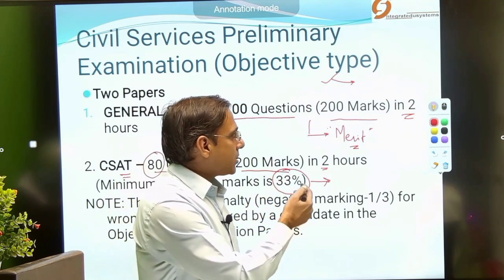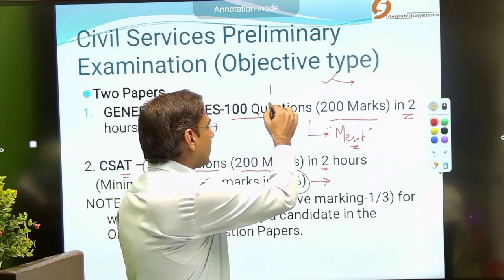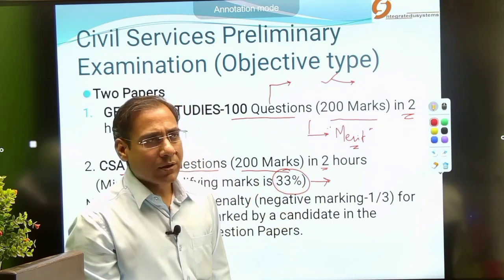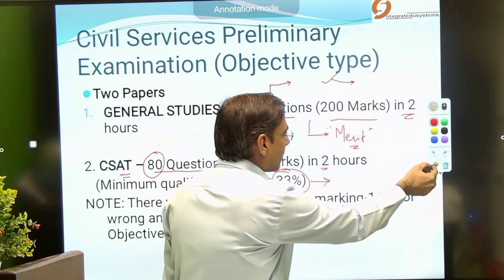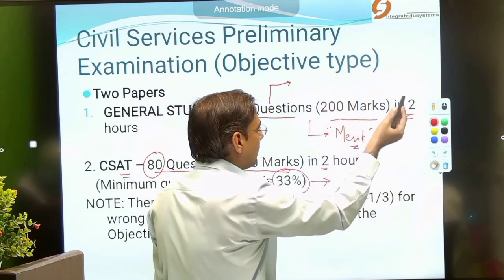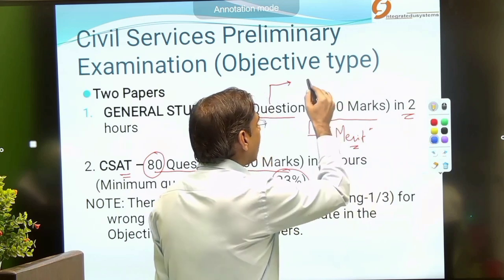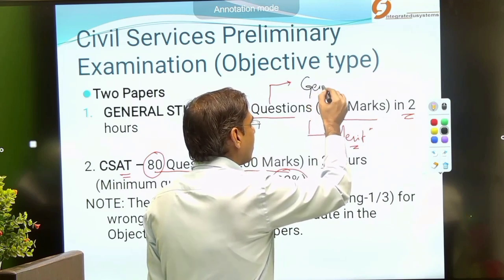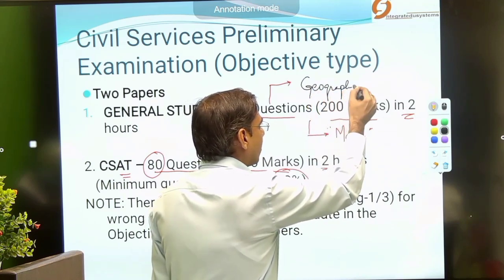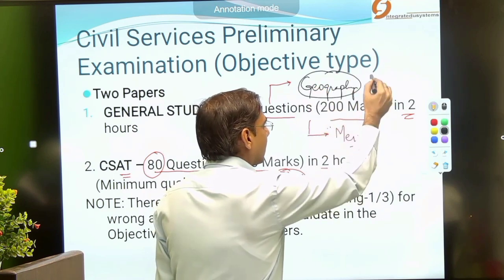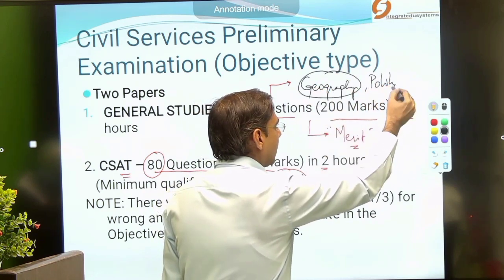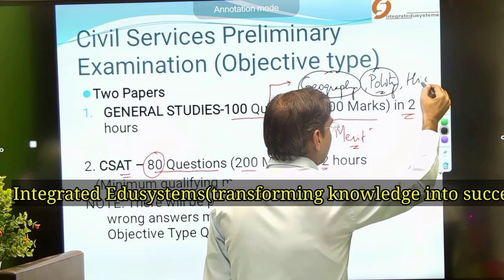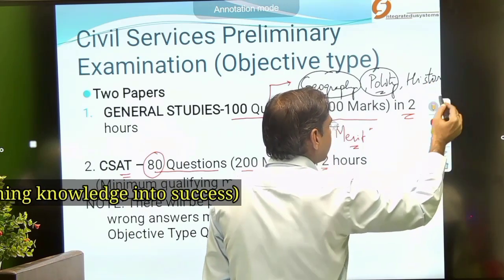When you look at the GS paper specifically, having 100 items of 200 marks, there are several subjects. The major subject, for example, is geography, which is very important, and what I am writing here is the major paper.